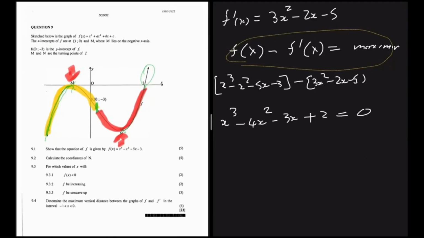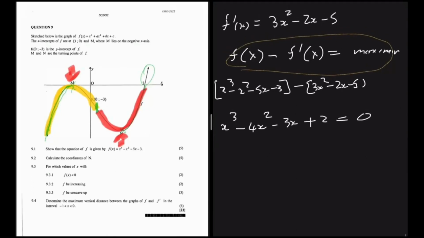So if we differentiate this, we get 3x squared minus 8x minus 3 equals 0.